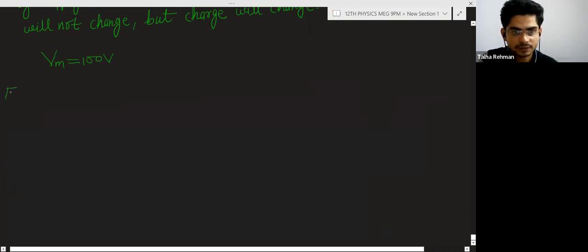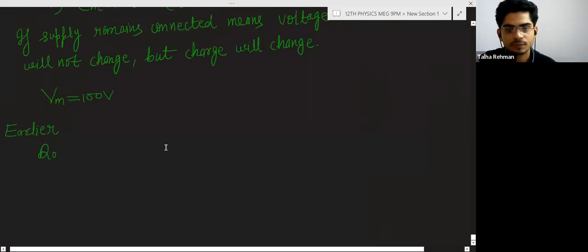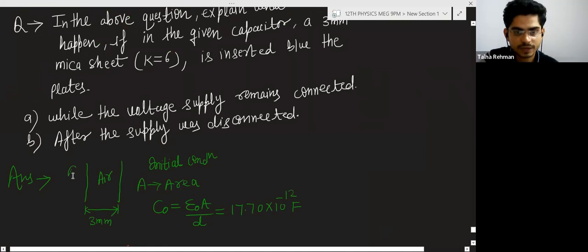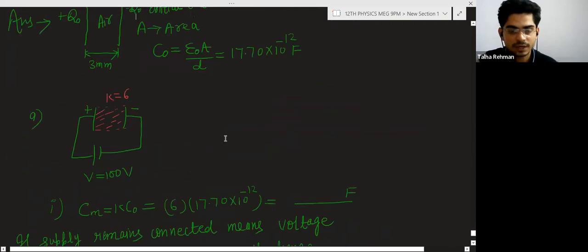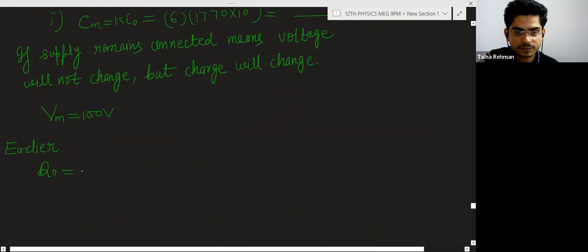Earlier, we have a charge Q naught. Here is a charge. I am representing charge initially Q naught. This is plus Q naught, and here is minus Q naught. Earlier charge Q naught is given by C naught and V.